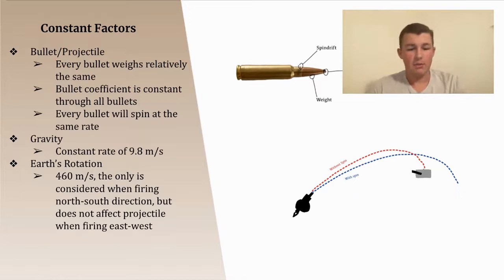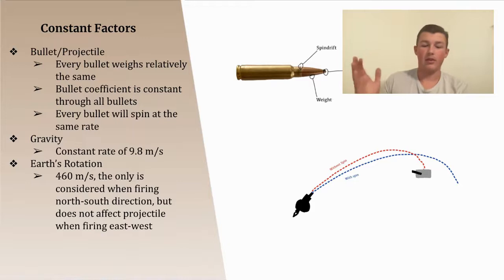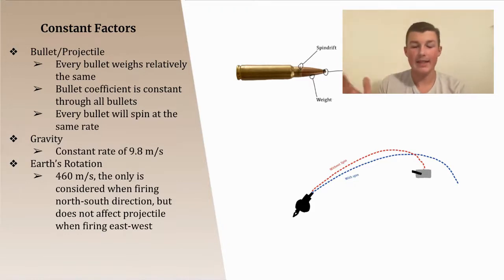I find this the most mind-boggling factor out of all of them because currently the longest shot ever taken in combat is about 2 miles, and the time it took for the bullet to travel 2 miles was 10 seconds. So when you do the math, the Earth rotates 460 meters a second, so times 10 is 4,600.